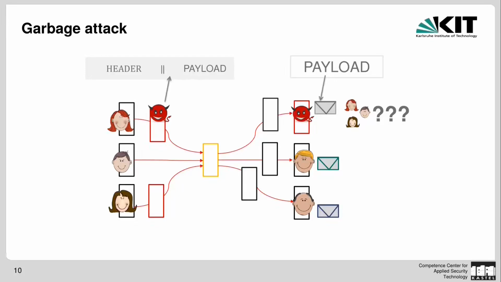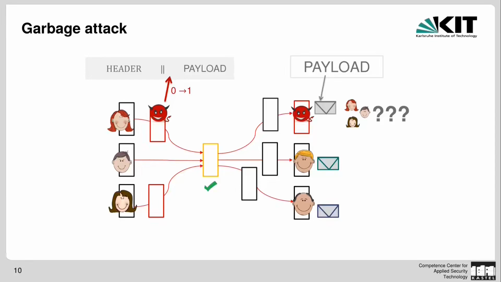But what the adversary could do instead is flipping a bit of the payload in the beginning, so at the first relay. Now the onion is sent to the honest relay, but as the header has not been modified, the integrity check of the relay will go through and the onion is processed further, until it finally reaches the receiver.